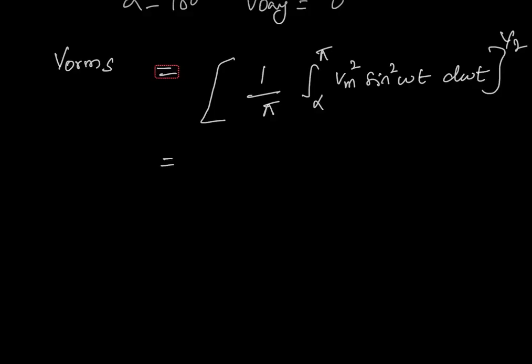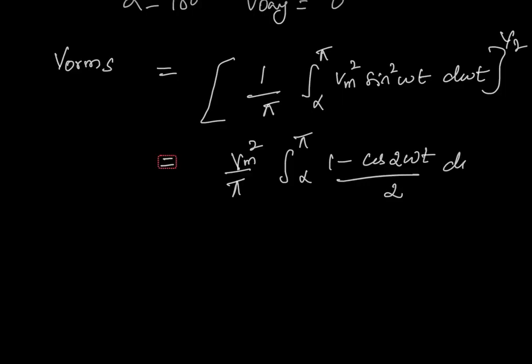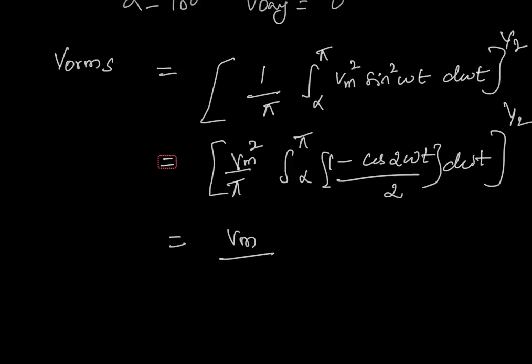We can take Vm square outside: integration alpha to pi of (1 minus cos 2 omega t) by 2 d omega t, whole to the power 1 by 2, which can be written with Vm by 2 taken outside.